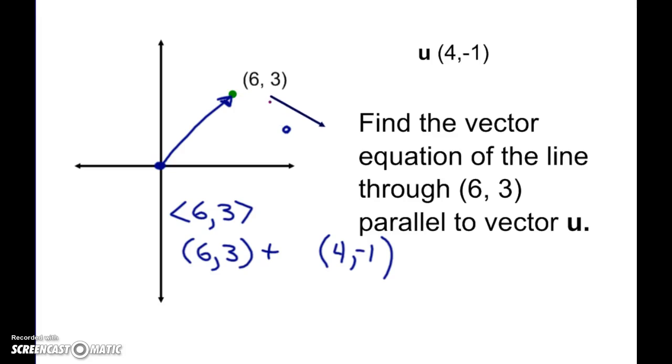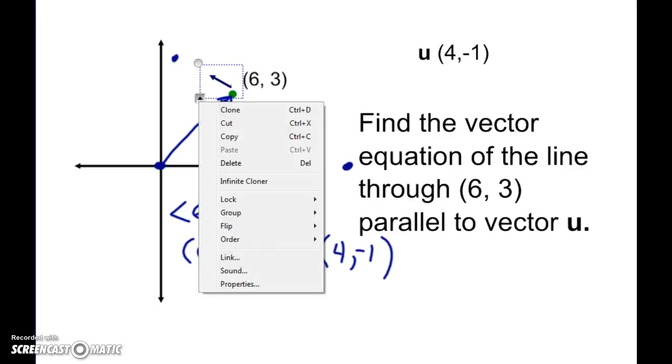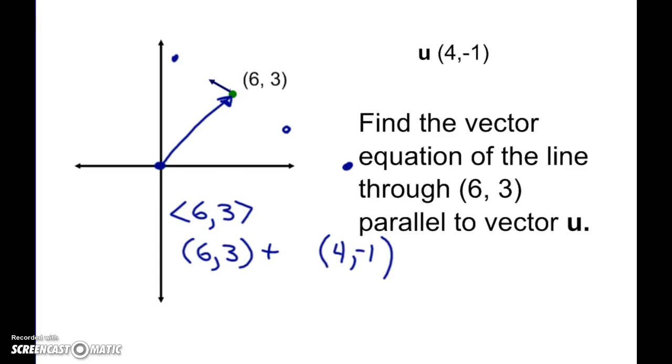But I could add another vector and get another point. I could flip around and add a vector and get a point over there. I could take my vector and make it smaller, and it's not quite where I want it, but that's okay. I get this vector right here.